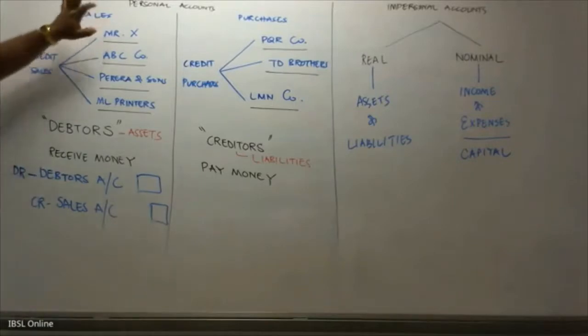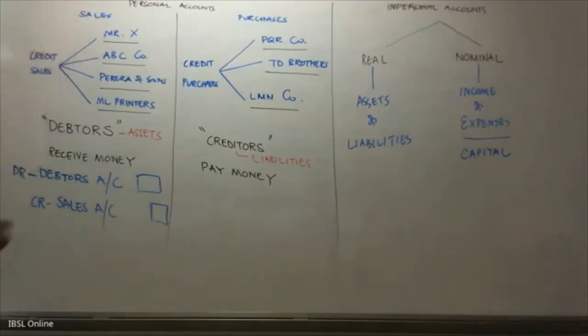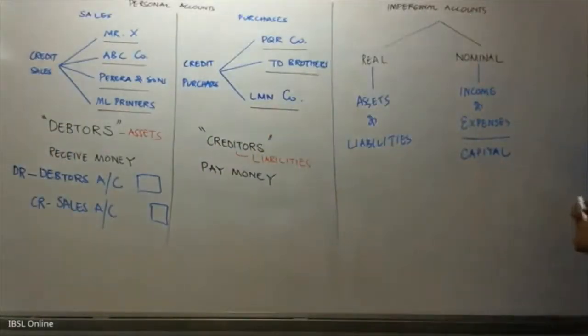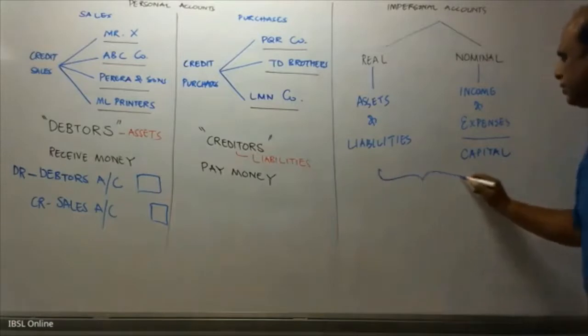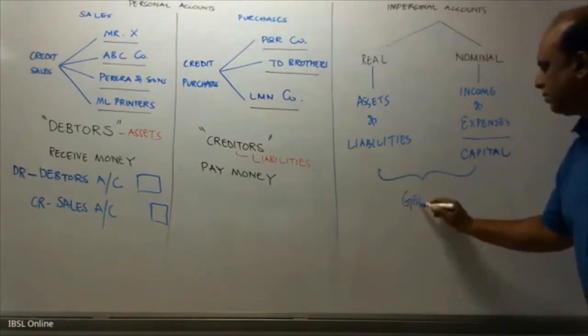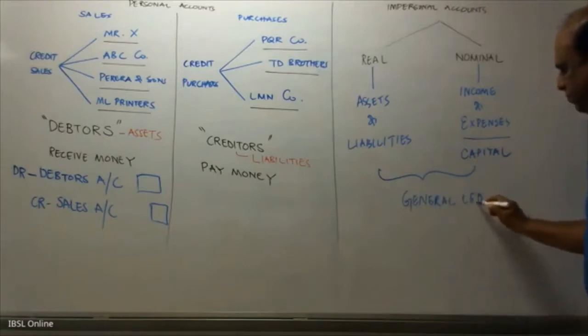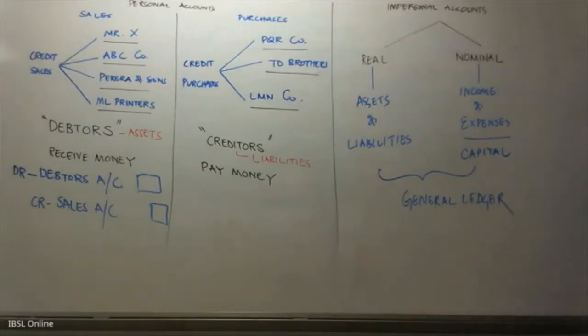So look at the account structure. The sales output is going into two accounts. One is the debtors account, the other one is the sales account. So debtors account is in your sales ledger, sales account is in your general ledger. Okay, is that understood?